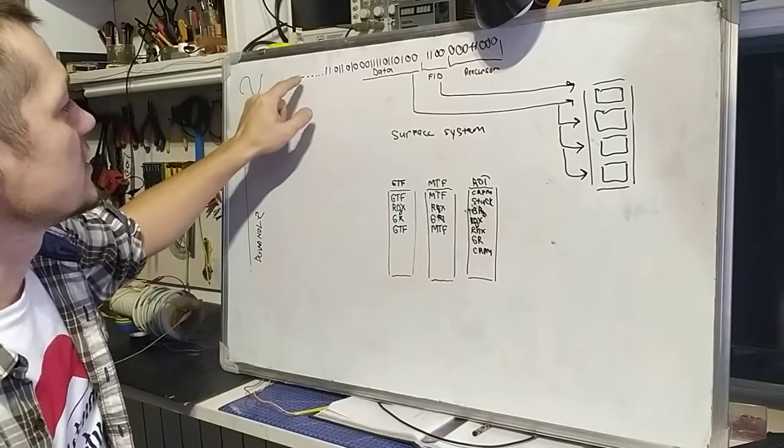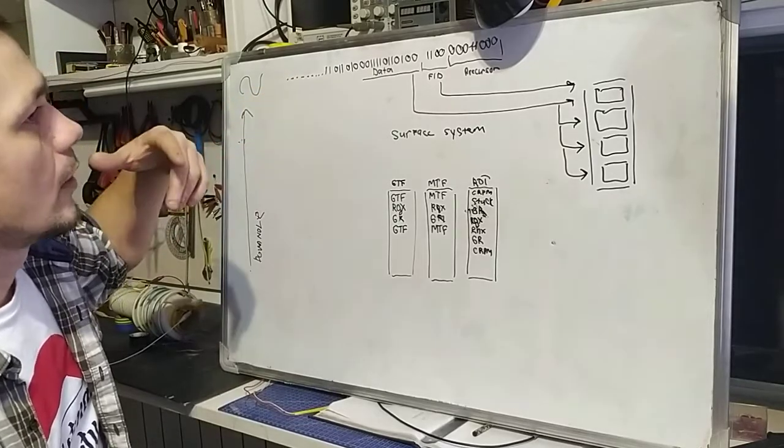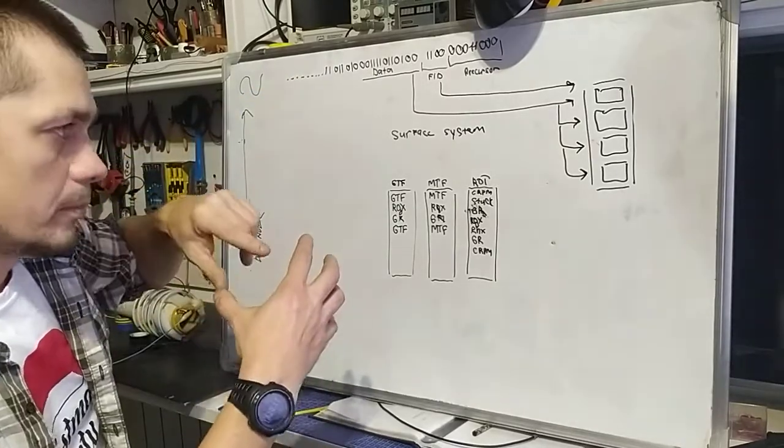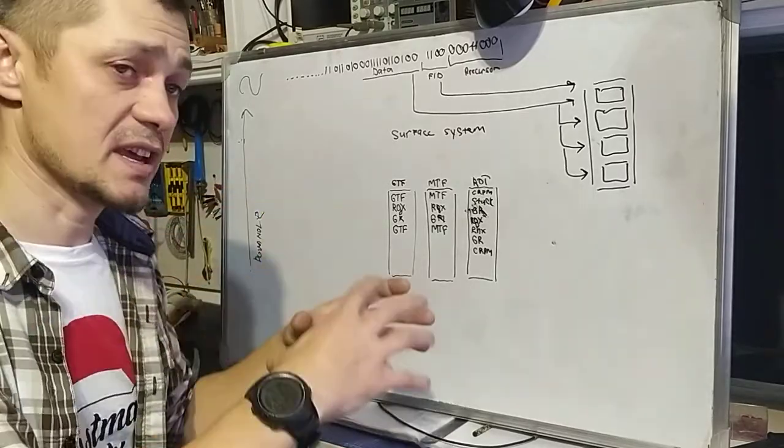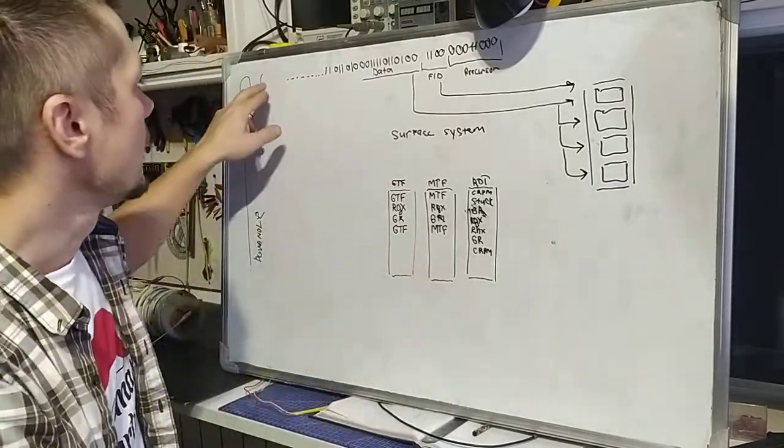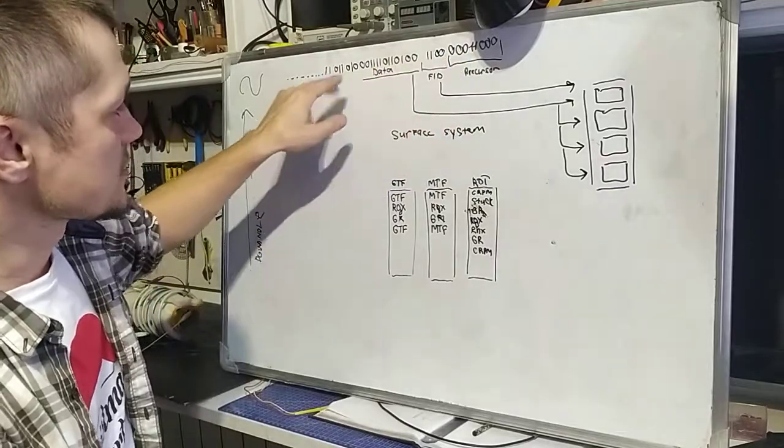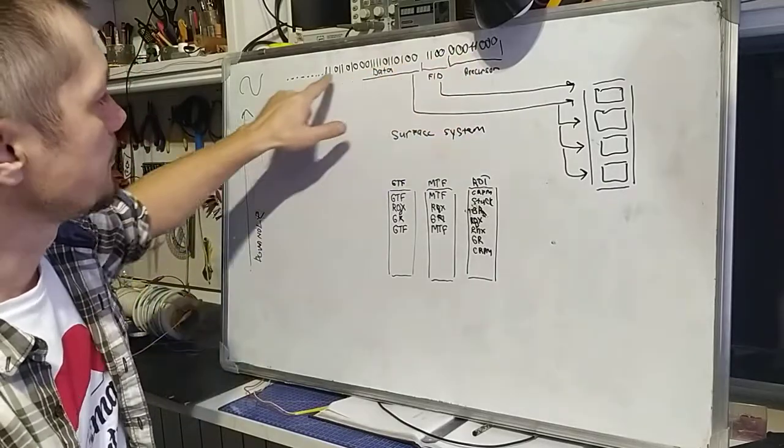The surface system detects them and, from the pulses made by the sensor and the surface system together, makes a bunch of digits, right?